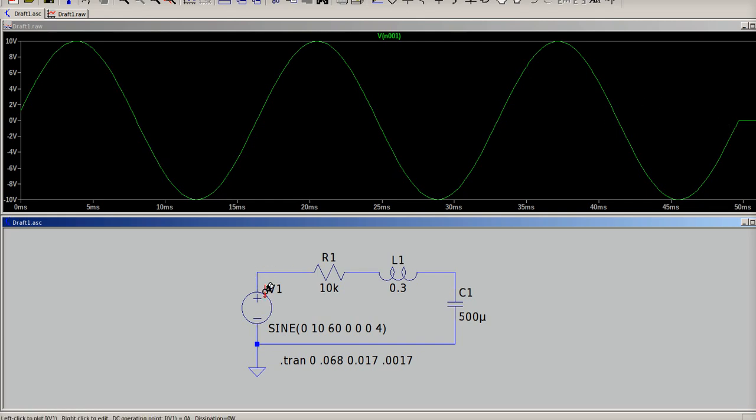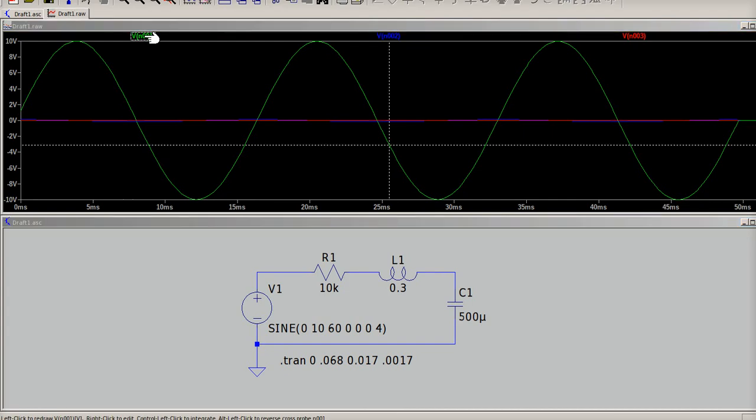So that would be my oscilloscope if I looked across the voltage source, and if I looked at the voltage on this side of the 10K resistor, I get a very, very small value. And if I look at the voltage across my capacitor, again I get a very different value.